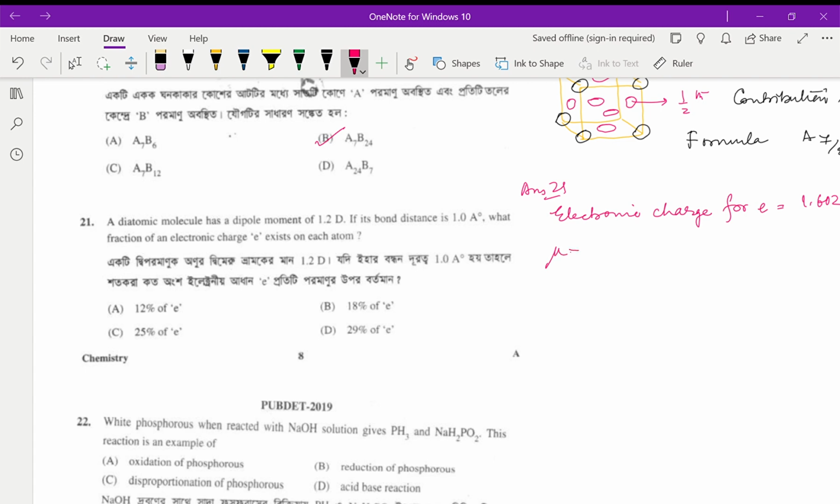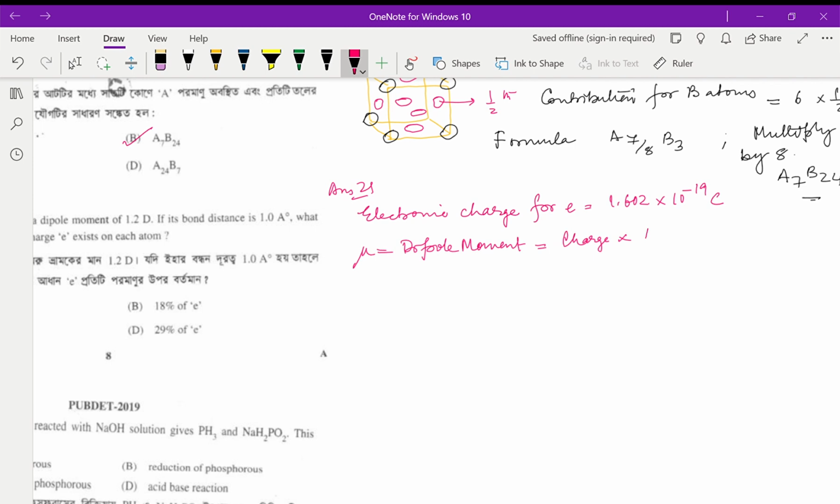Now the dipole moment, which is mu, is actually a product of charge into the distance between the atoms, that is basically Q into d.